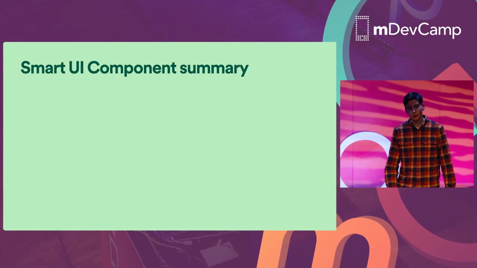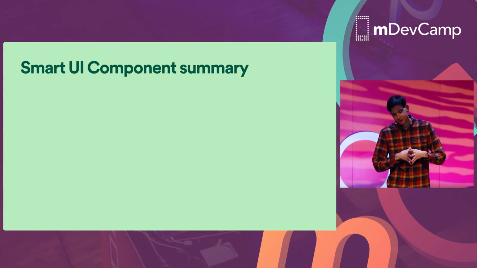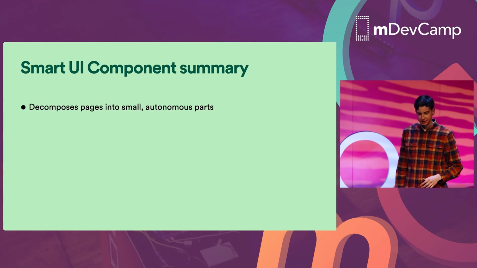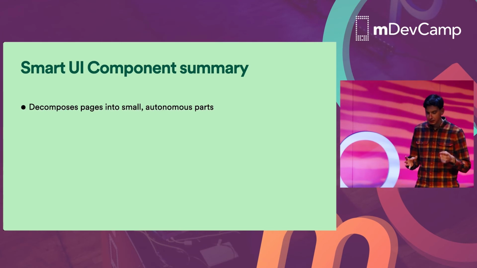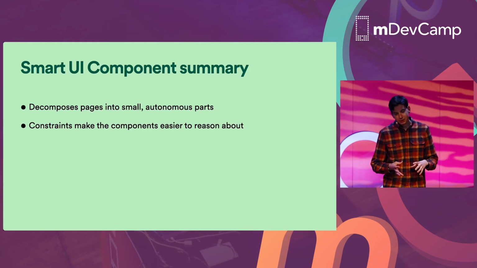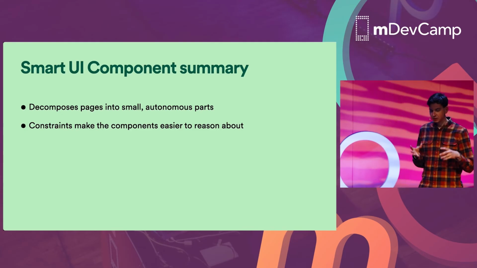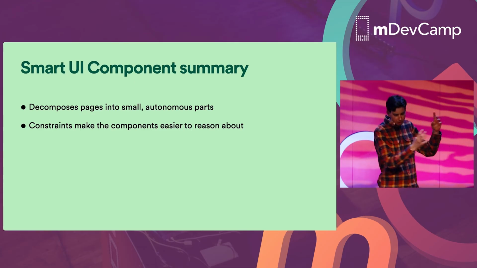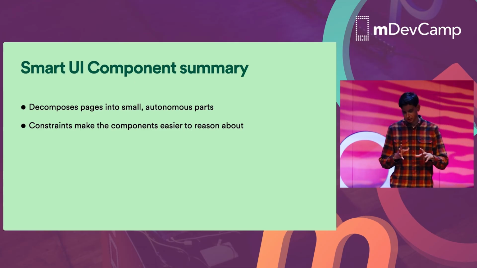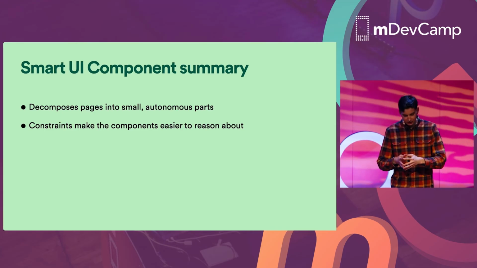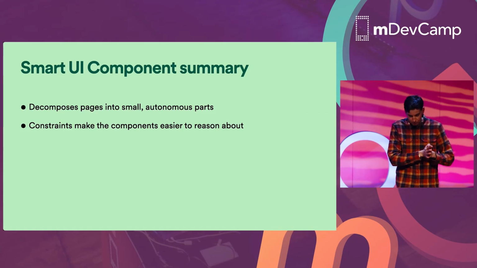So to summarize it, we have had the Smart UI components in production for almost a year now. It gave us a standardized solution for decomposing the page into autonomous and isolated components. Those components are easy to reason about, thanks to the constraints that we imposed, such as their well-defined boundaries, meaning external configuration only through props, or isolation of the internal state that is not accessible outside of it.